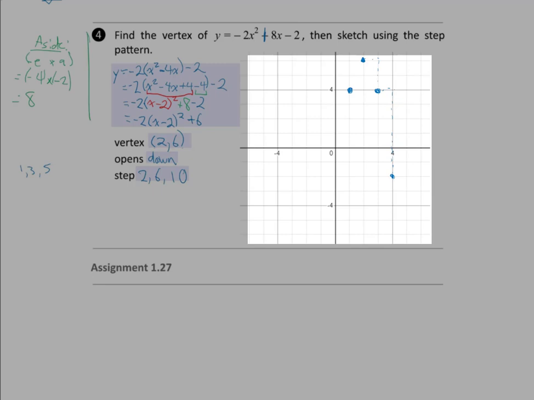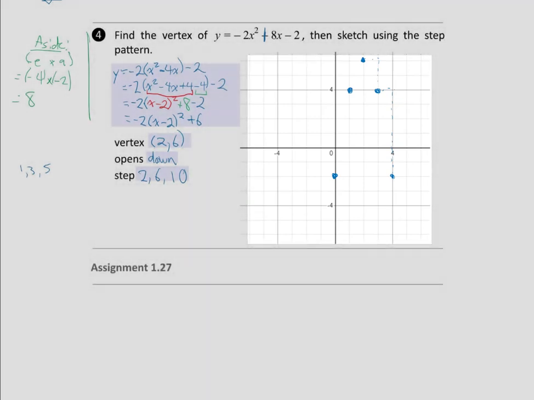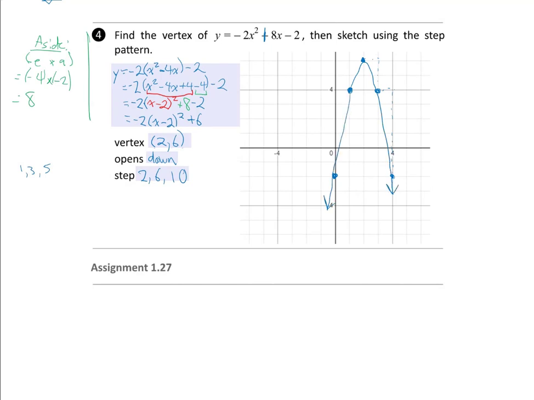So 2, 6, and then 10. So reflect that over here. And 10 won't fit. Okay, and then we just graph it. And your graph should look something like that.